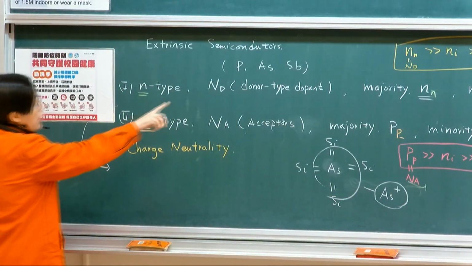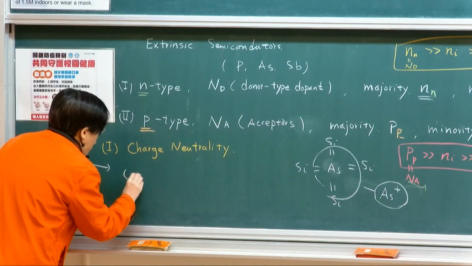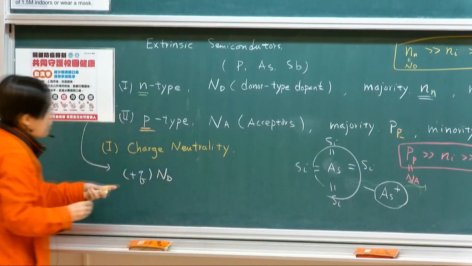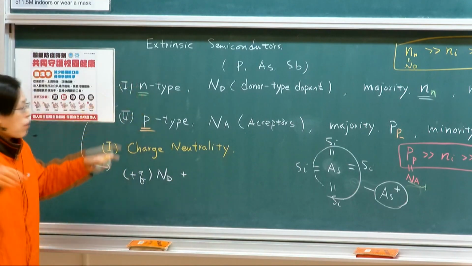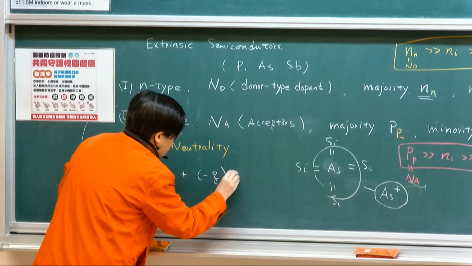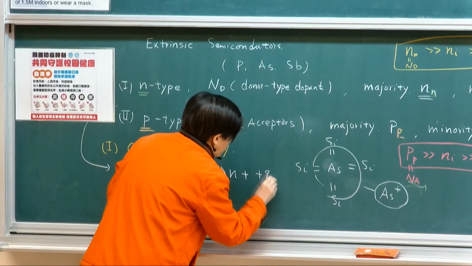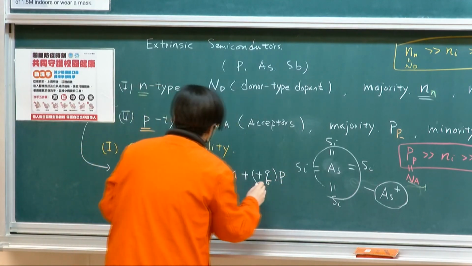These donor type dopants will be positive, Q times N_D, in the system is positive charge. And then there will be these electrons flowing around. These electrons are negatively charged. N plus another positive charge, holes, equals to 0.